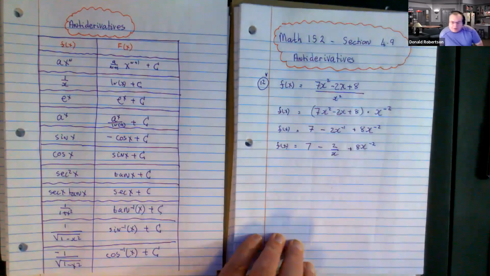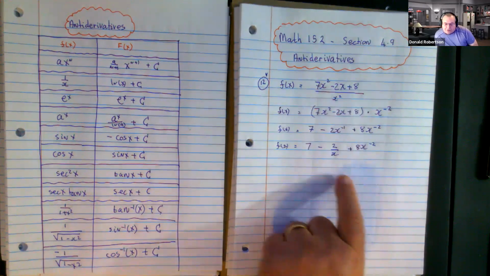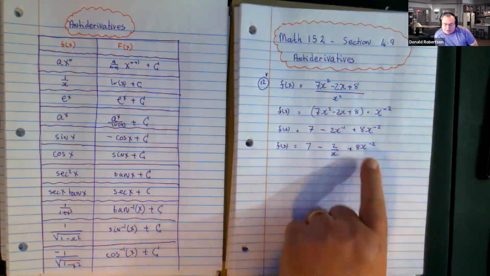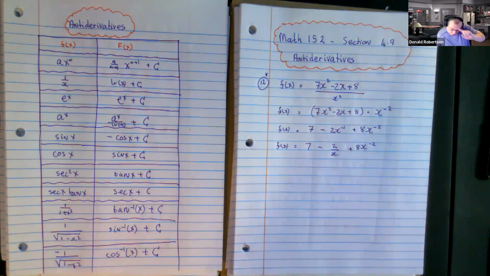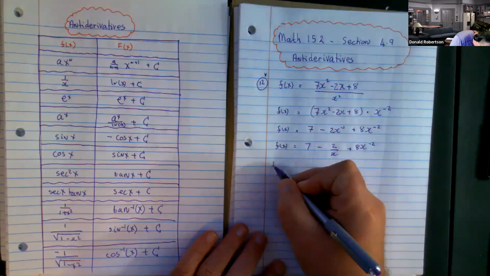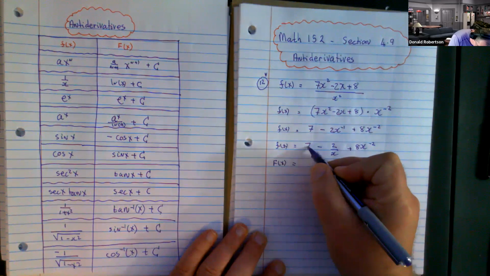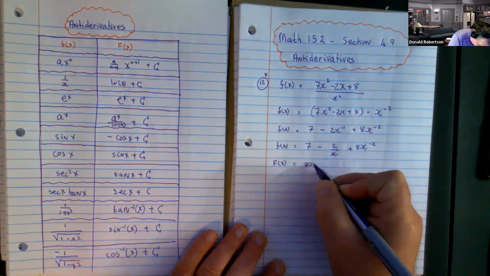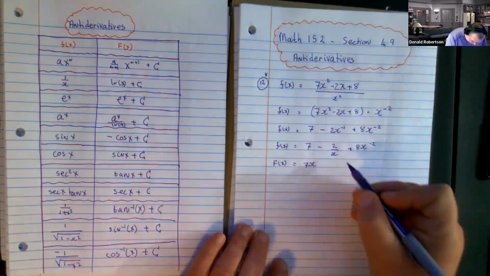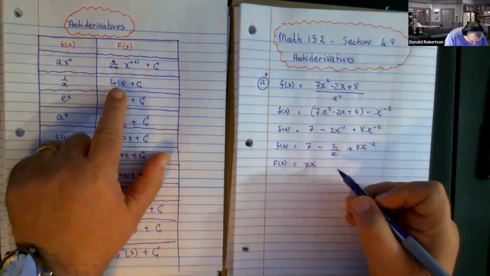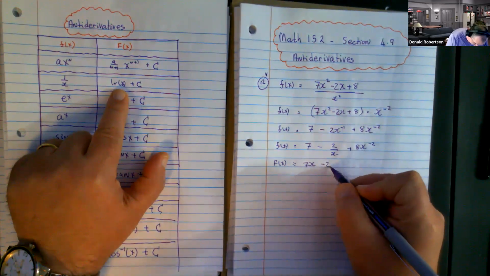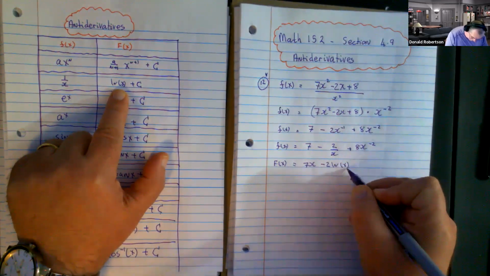So all we've done is take the original fraction and convert it into 3 individual terms, which we should now be able to integrate. The number 7, when you integrate it, gets you 7x. This is the special case. That gets you -2 natural log of x.